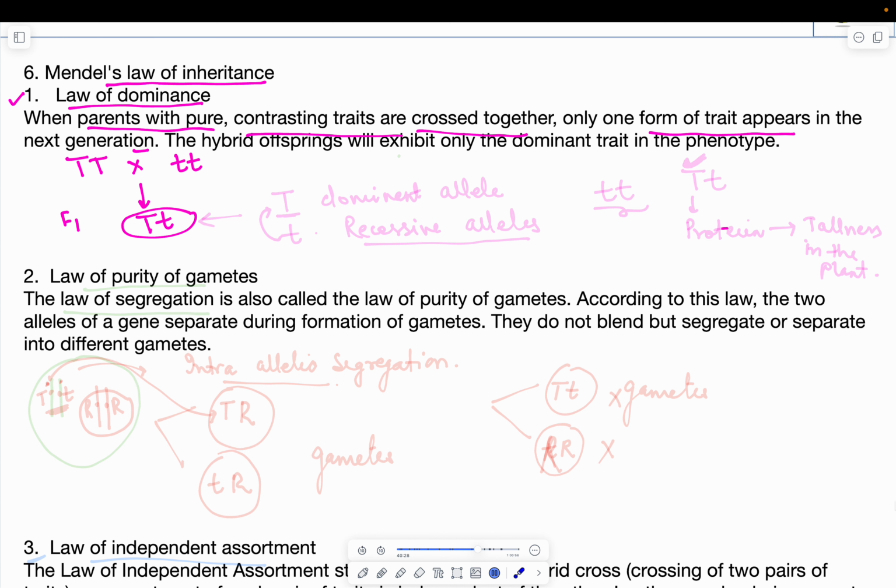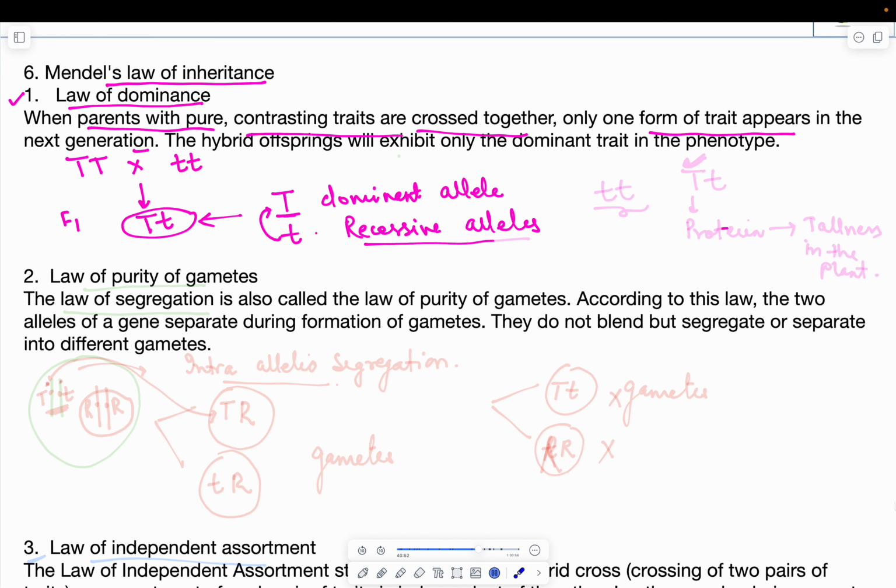So what's dominant in this? T is the dominant allele, right? So only T would be able to express. The other allele, which is the recessive allele, won't be able to express along with the dominant allele.